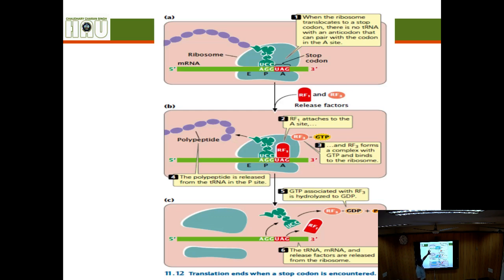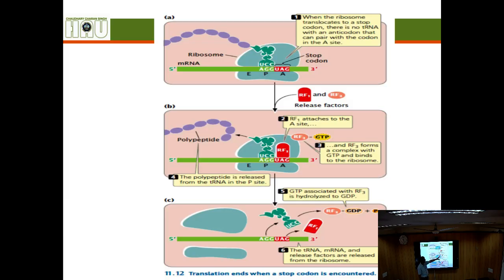When the ribosome moves over a terminator codon, a stop codon like UAG, there is no tRNA complementary to this stop codon, so the A site is empty. Then two release factors, RF1 and RF3, come and attach.